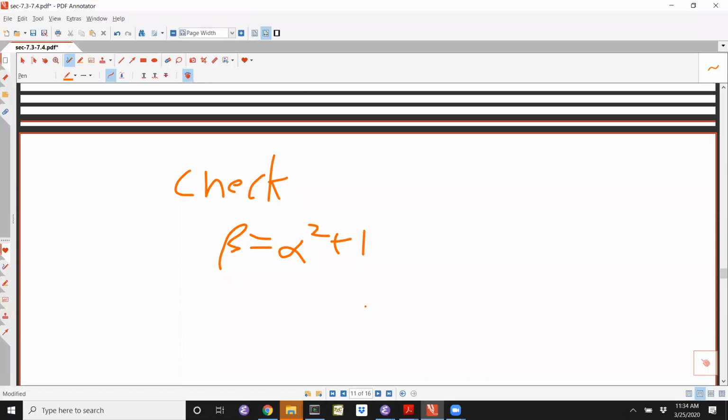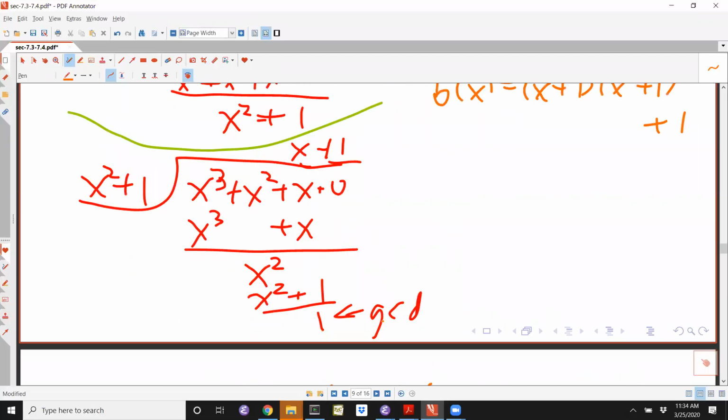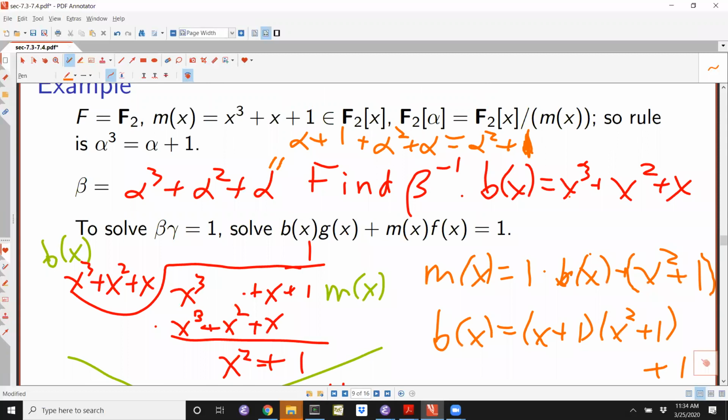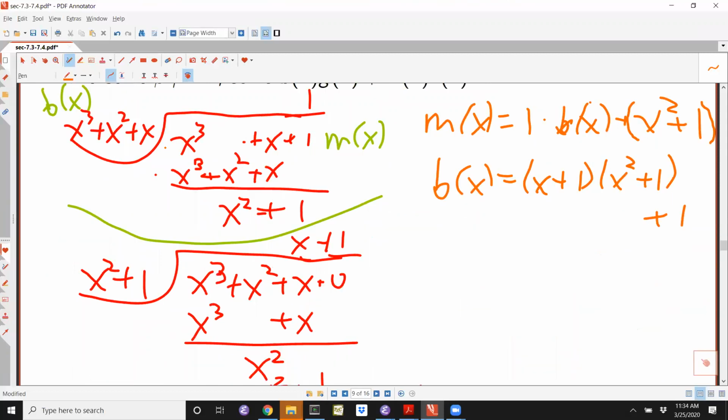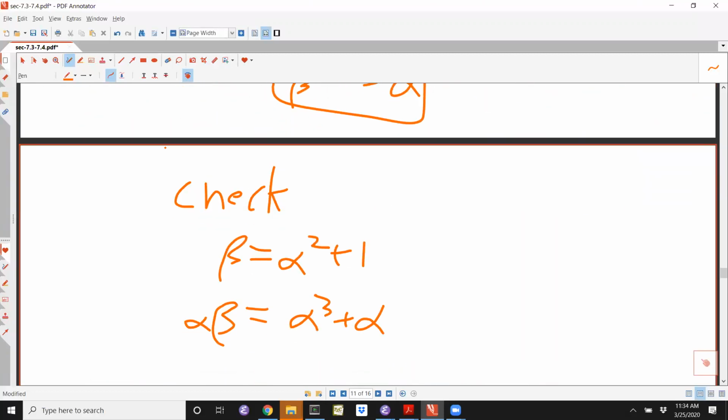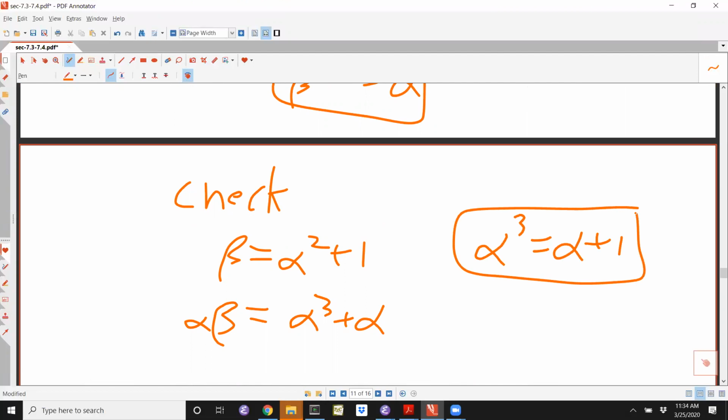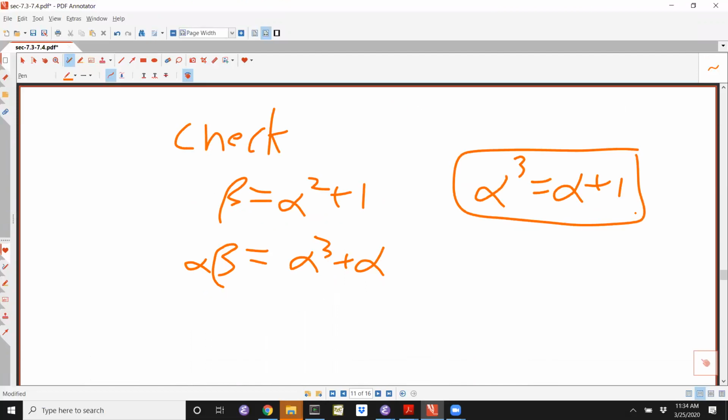And so alpha times beta is equal to alpha cubed plus alpha. And what was our reduction rule? Our reduction rule was alpha cubed equals alpha plus 1. That's the rule that we get from our modulus. And so this is equal to alpha plus 1 plus alpha.